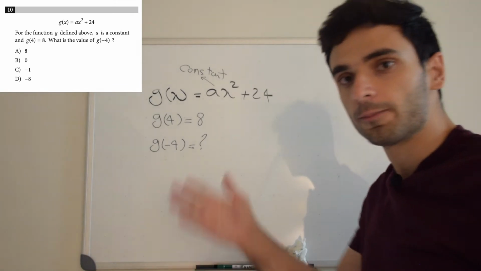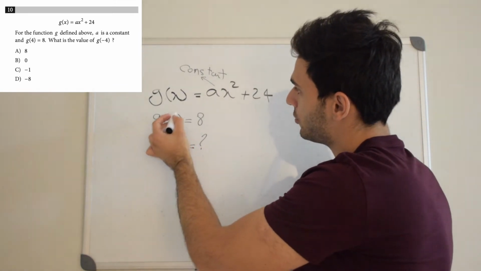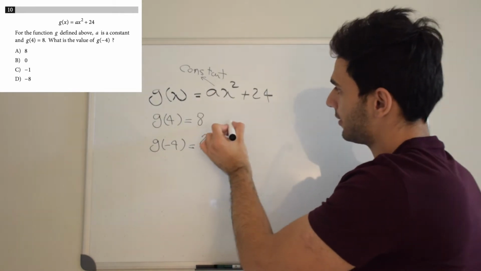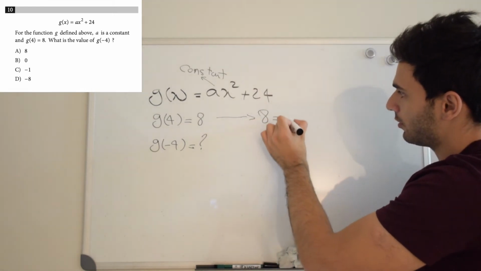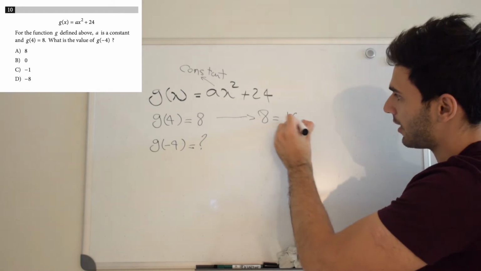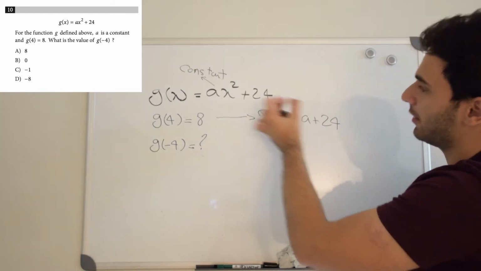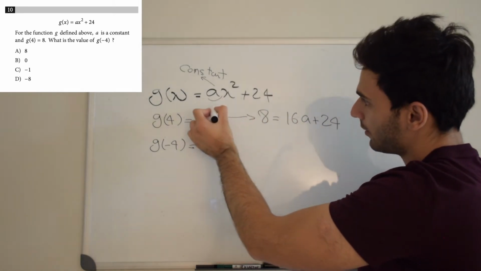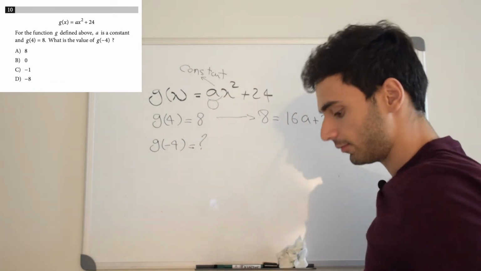So one way, which is a hard way, is to plug in x here. So basically 8 equals 4 squared, 16a, plus 24. Then I'm going to find a, then put a here, write the number, and then plug in minus 4 and find it.